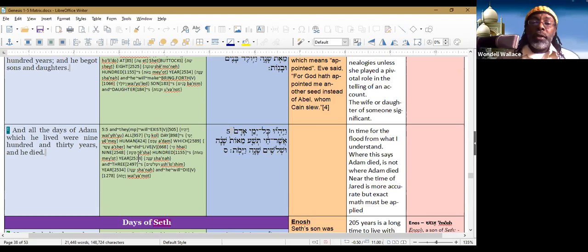All right, where this says Adam died is not where Adam died. Near the time of Yared is more accurate, but exact math must be applied. Okay, so I'm not saying it was during the time of Jared. What I'm saying is around that time is more accurate without having done the math, but we can find out exactly when by doing the math.